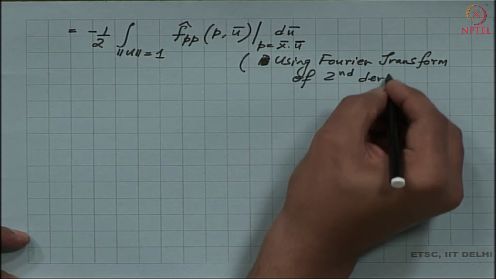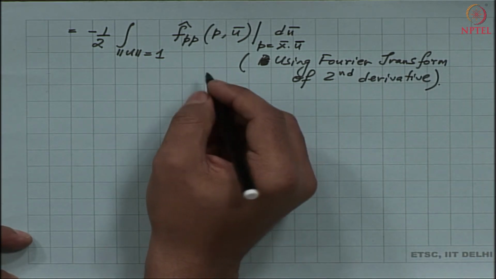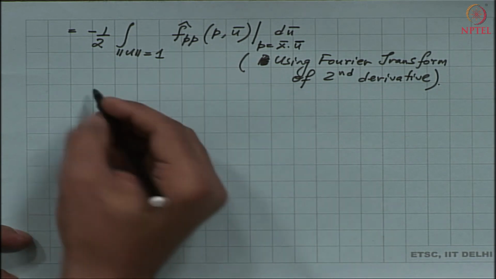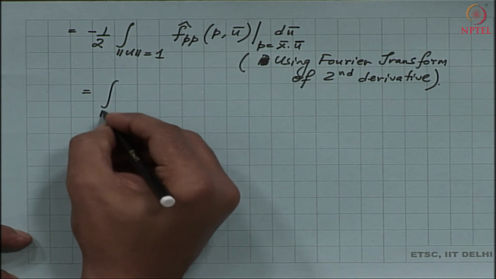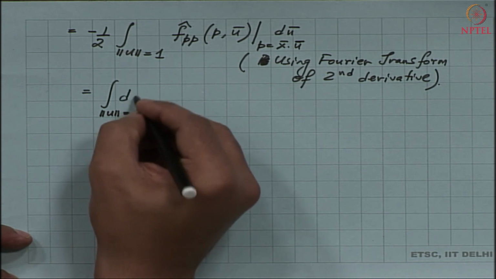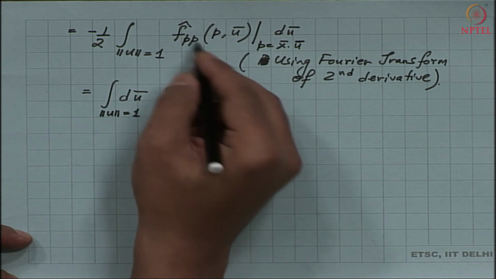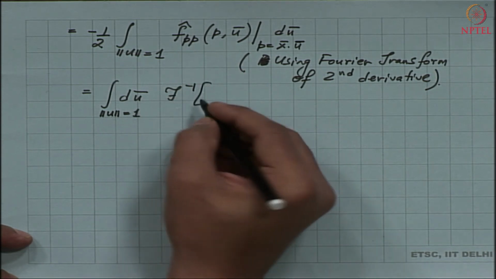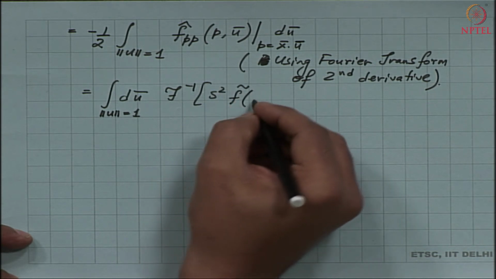Okay. So, we come to this expression. Now, note that this is also equal to, let me rewrite this integral again, the Fourier inverse of s squared f tilde of s u.